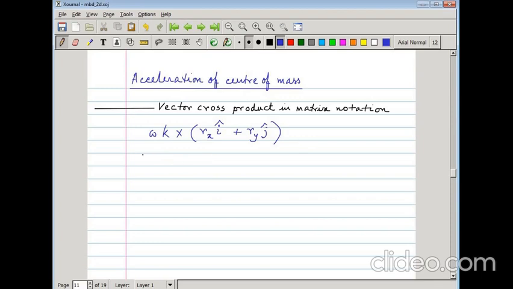So if you do that and if you evaluate the cross product, then you can show that this is minus ry rx i j. So this we have already seen. That means minus omega ry i plus omega rx j. So this we have already seen.